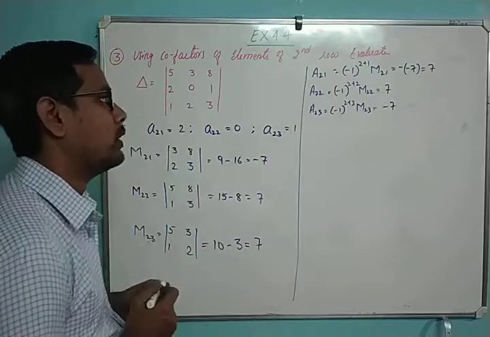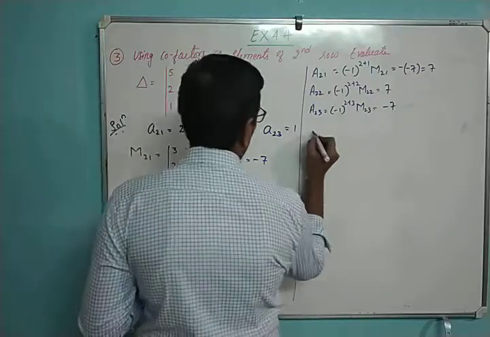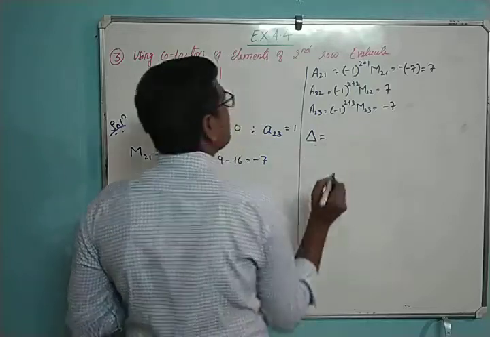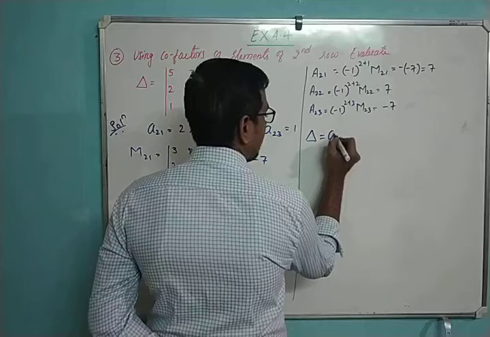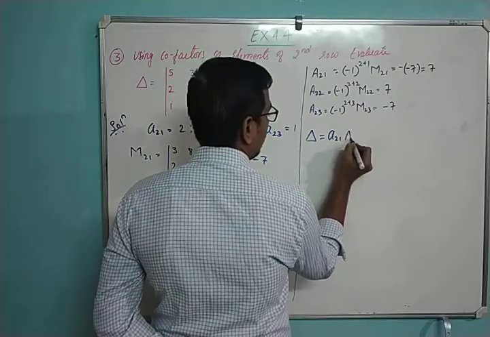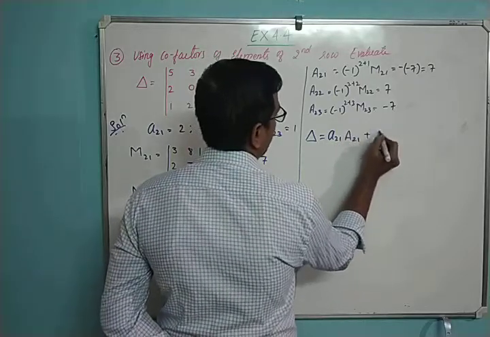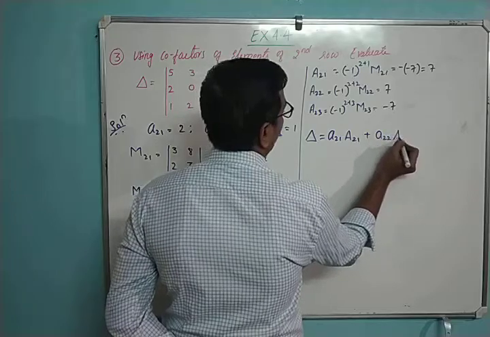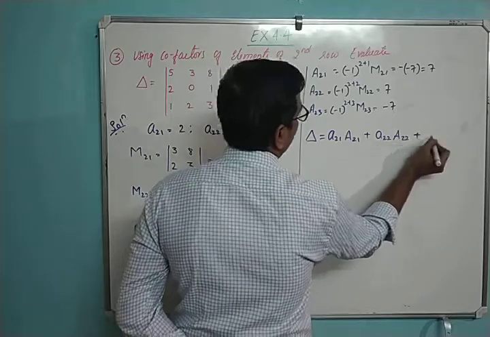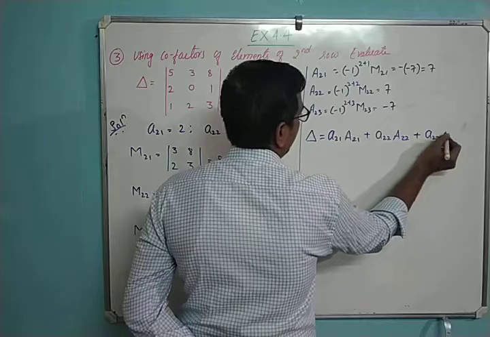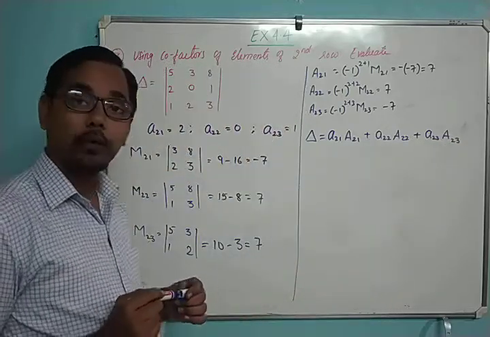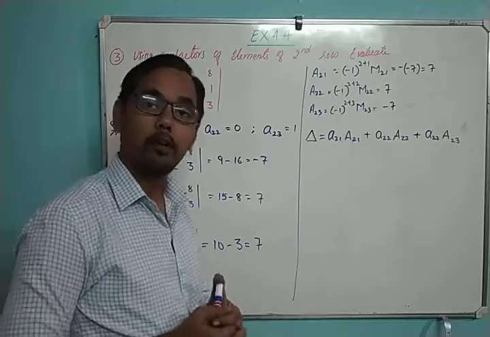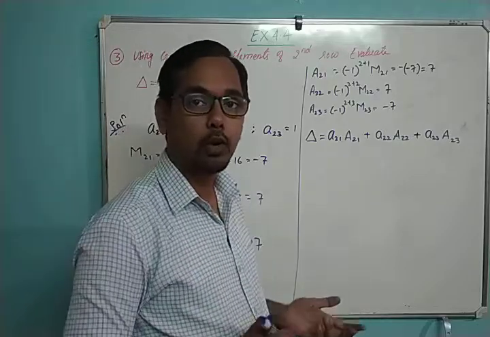Now the determinant value using cofactors of the second row can be written as a21 into A21 plus a22 into A22 plus a23 into A23. This is the formula you need to use when you are asked to calculate the value of a determinant using cofactors of any row or column.